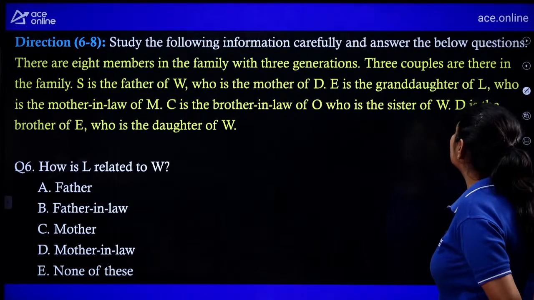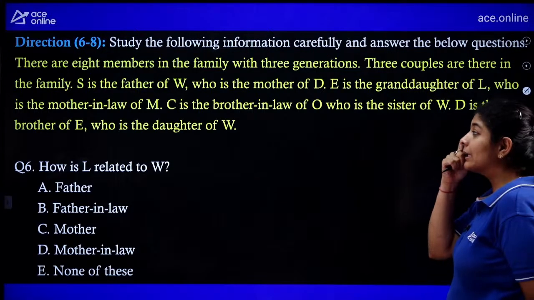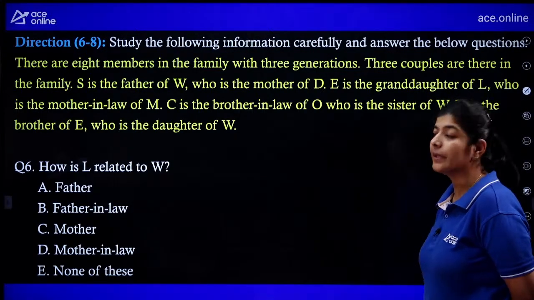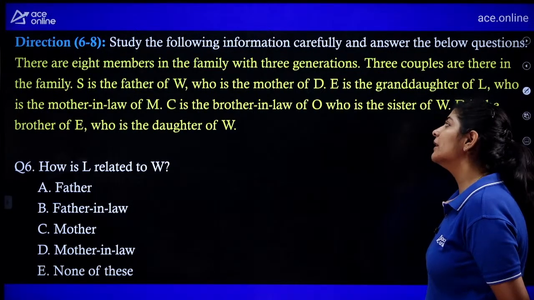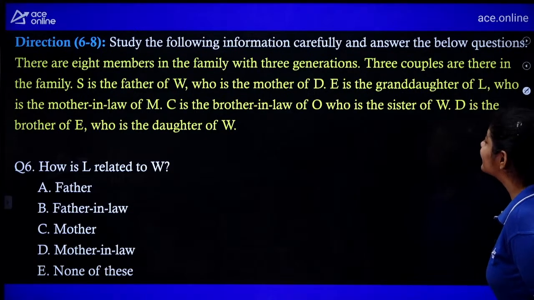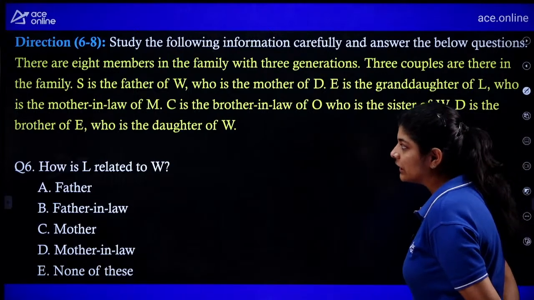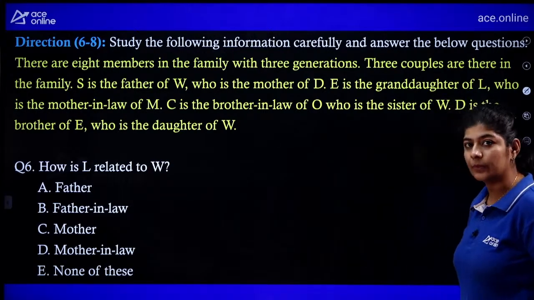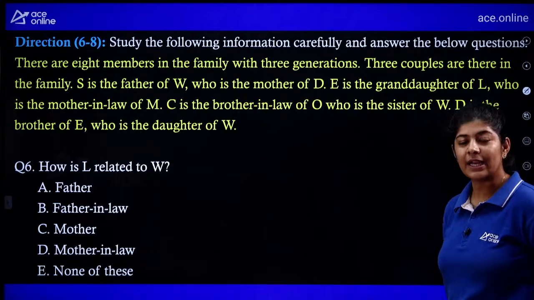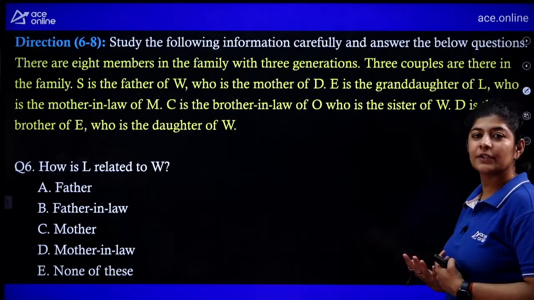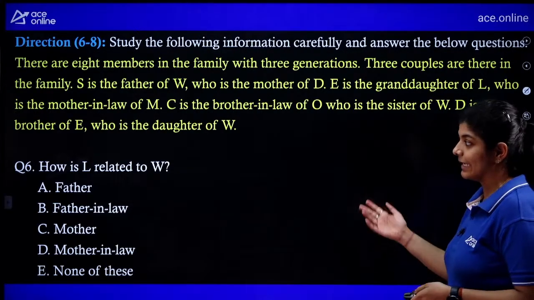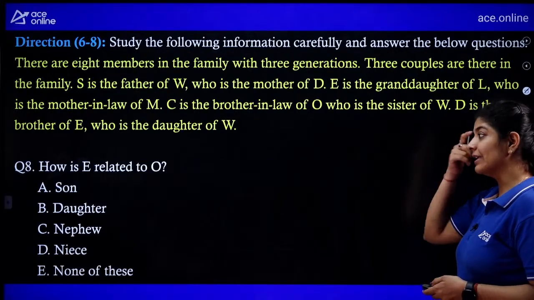E is a granddaughter of L, who is the mother-in-law of M. C is the brother-in-law of O, who is the sister of W. D is the brother of E, who is the daughter of W. So this is the data that we have, and according to this data, we need to answer a few questions like this one, this and this, right?